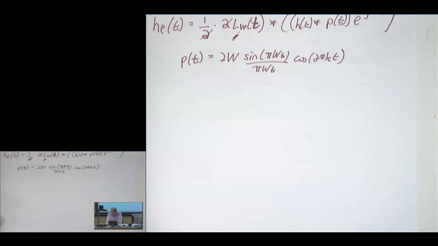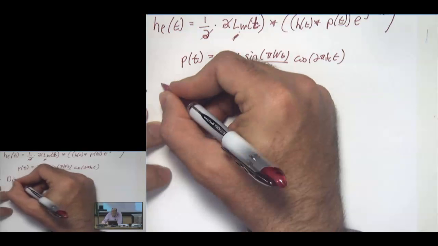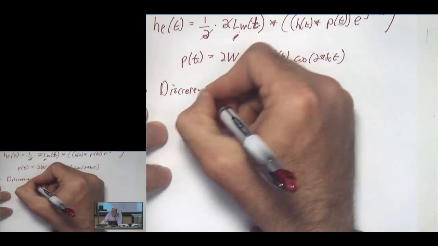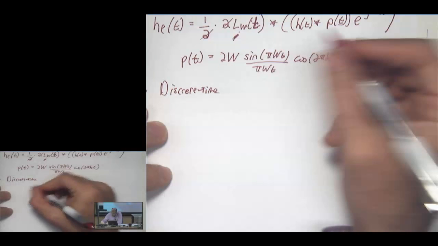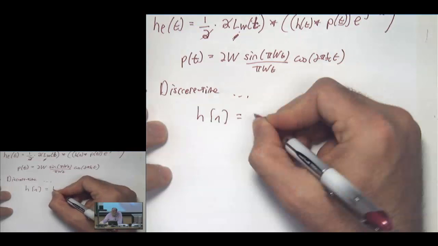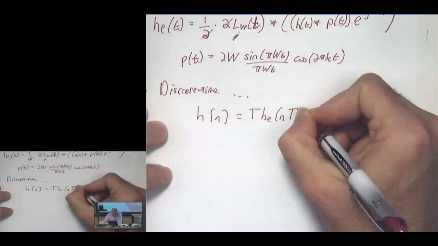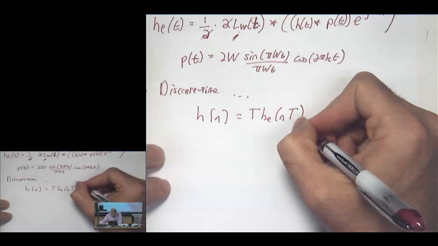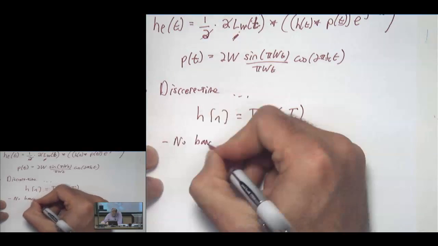And then the final point is that we can derive the discrete time complex baseband equivalent channel, which is h[n], which is just the sampled version, h_E(nT) here. And then note that you do not need to band limit h_E.